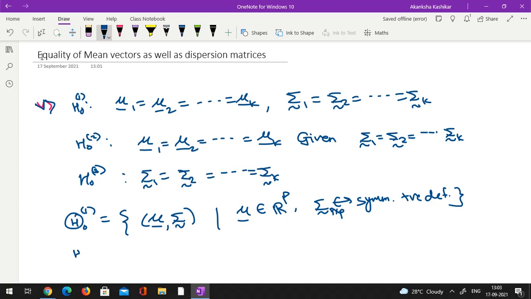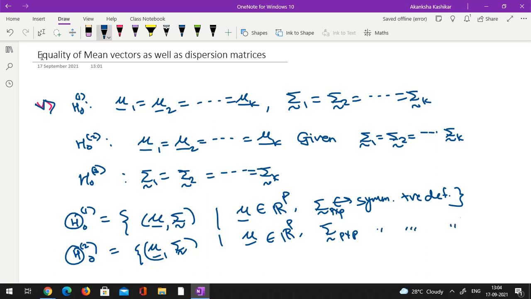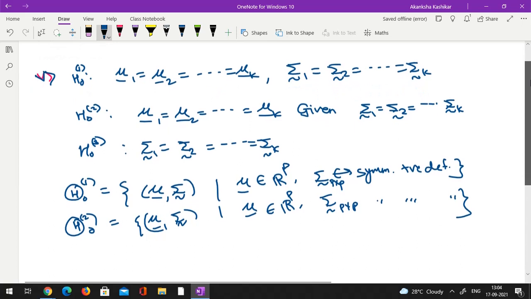For the second null hypothesis, what is the parameter space? Technically, for the second null hypothesis the parameter space is the same, because the sigmas are again given to be the same, so sigma is common, and the mu's are supposed to be the same under the null hypothesis, so mu is common.